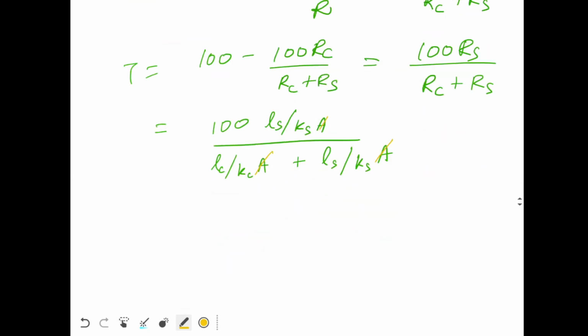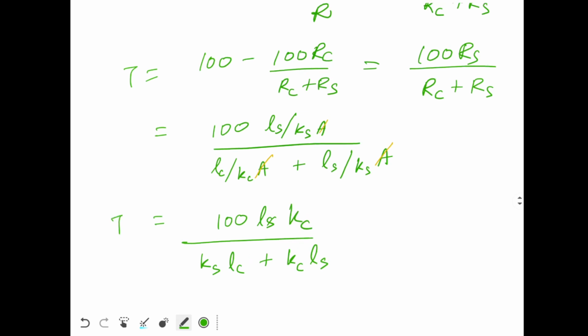So this will be equal to 100 LS divided by KS LC plus KC LS, and in the numerator we will get KC. Okay, so this is the temperature T.